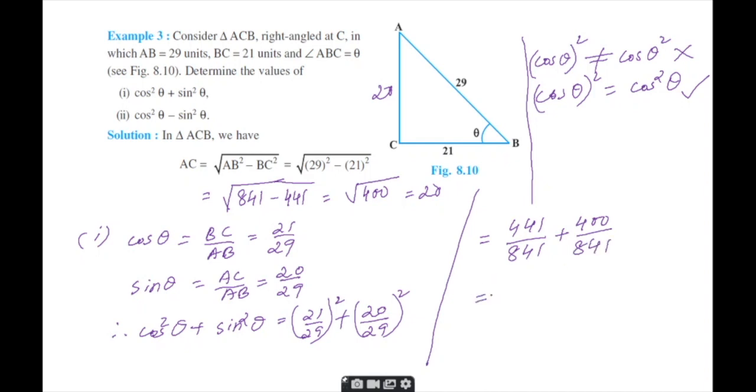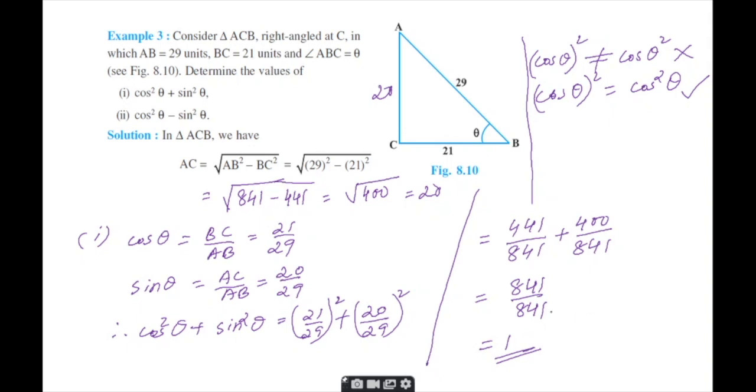So here denominators are same, so we can just add the numerators. There you will get 841 divided by 841, that is equal to 1. So first step, we got the answer. Cos square theta plus sin square theta is equal to 1.